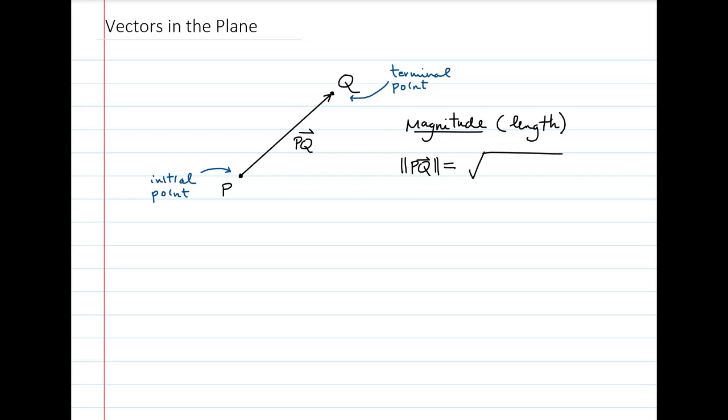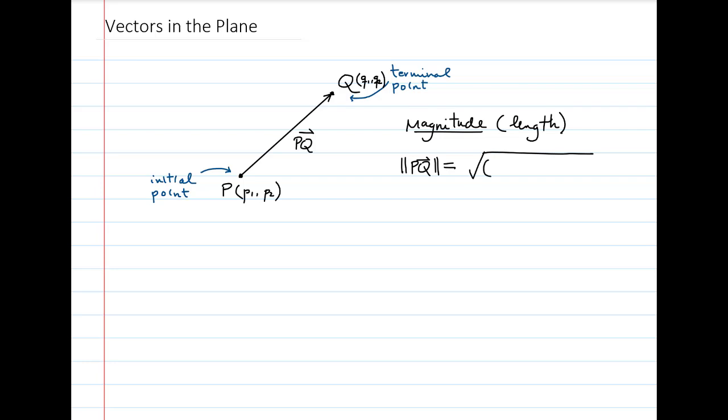If you recall from your algebra course, if you have two points in the plane and you'd like to find the distance between them, we have a nice formula. Let's say we label these points Q1, Q2, and P as P1, P2, some arbitrary points on the plane.